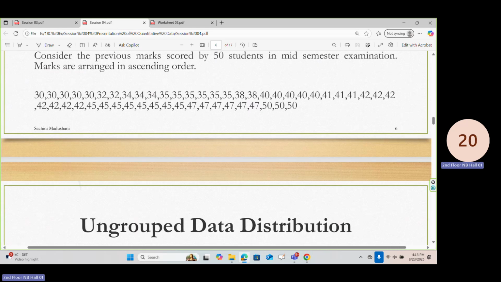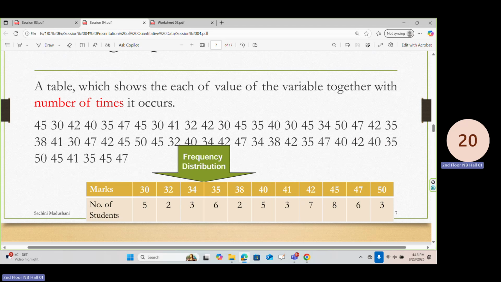Then we say the mark is 32, and 2 students got 32 marks. Then we can summarize it. Now we use the tabulation format to summarize the given data set. It's clear? Okay.